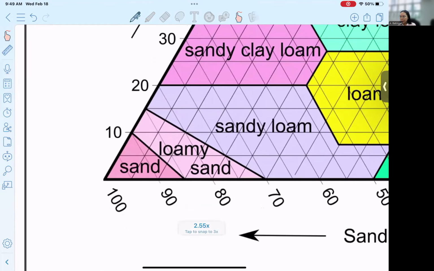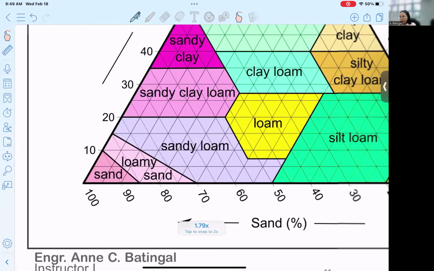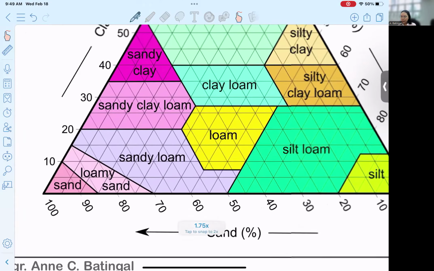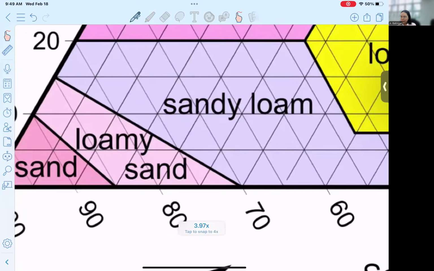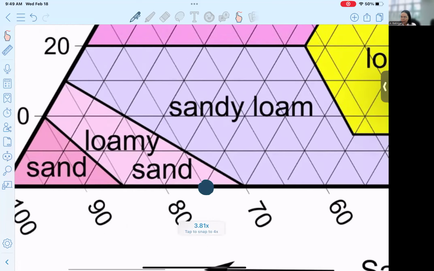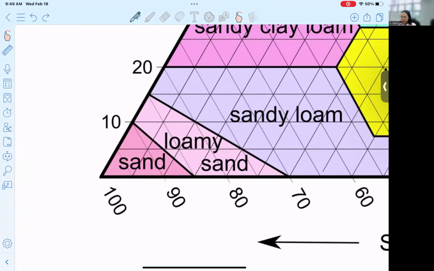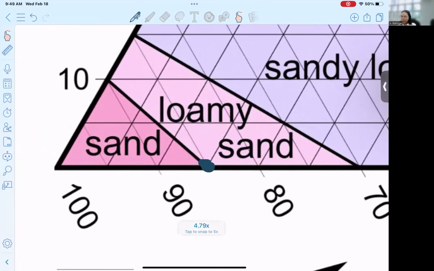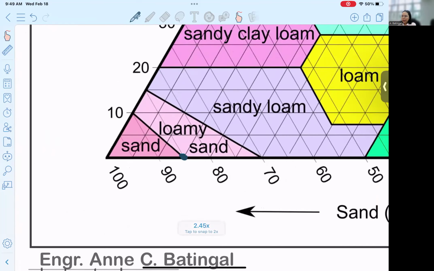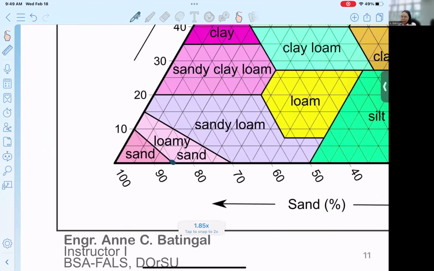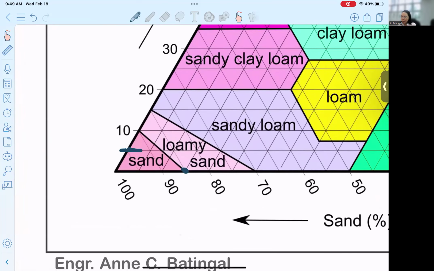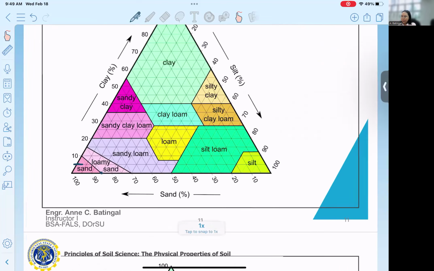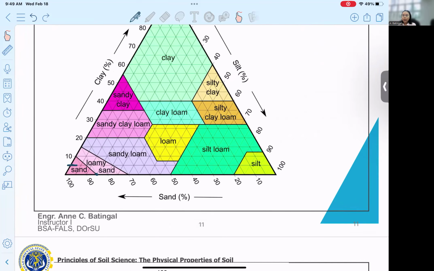So where do you look for 85% sand? 10, 20, 30, 40, 50, 60, 70, 85. More or less, 85%. Not 80, it is past 80. So if you have 85% sand, most likely your clay is only 5%, or your silt is only 5%, and so on and so forth.